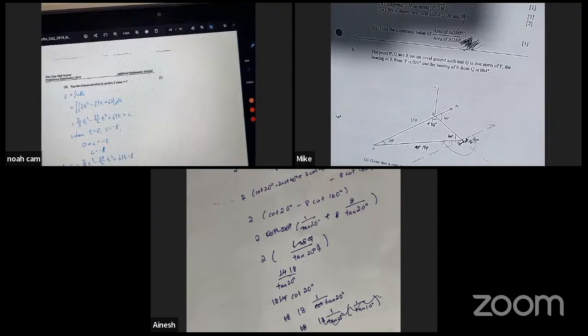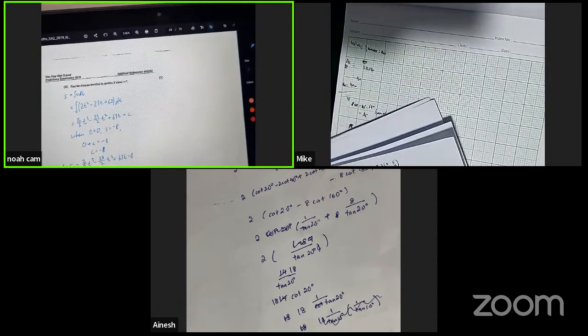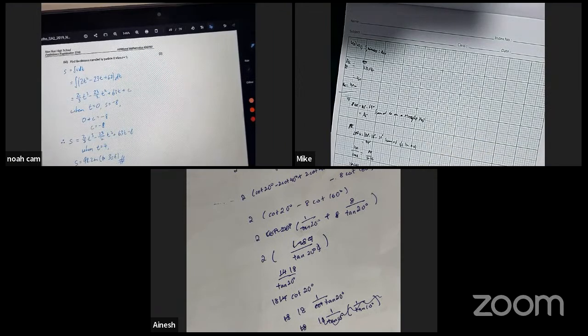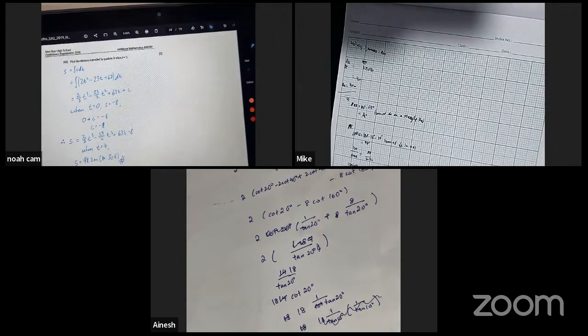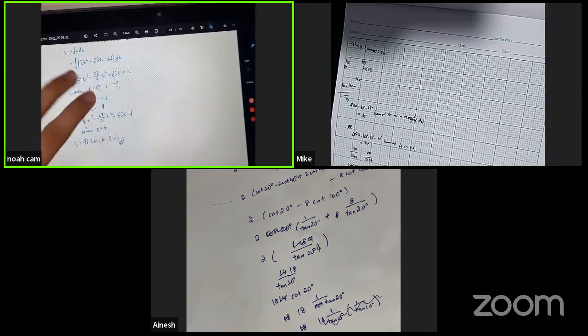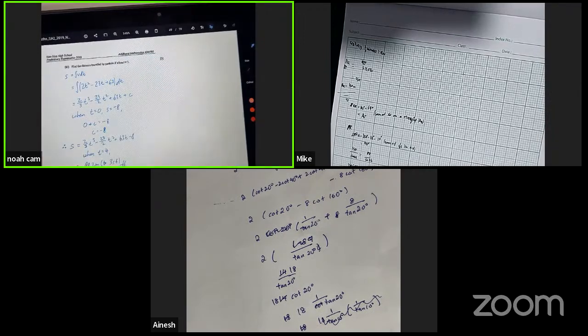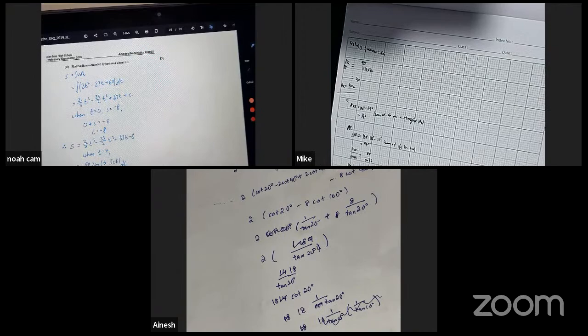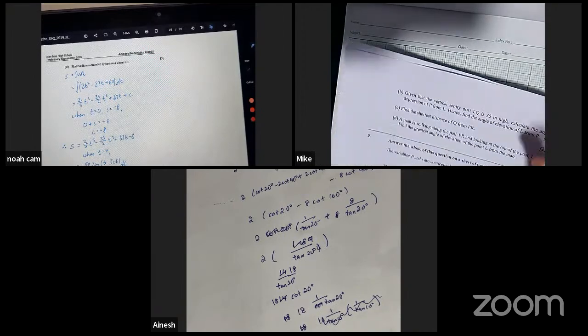Noah, are you okay so far? I got a question. Yes, what is it? This one, part 3. What's the problem? Wrong answer. Distance travelled, this is nothing new. You cannot just integrate like that.